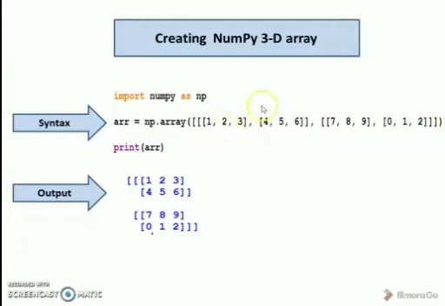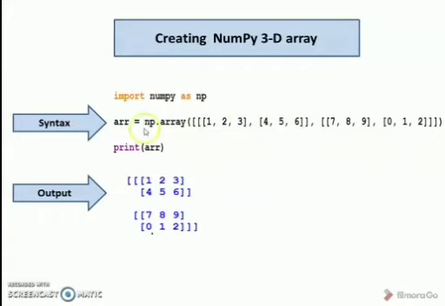First 2D array is having two rows and three columns. Next 2D array is having two rows and three columns. As you can see, 7, 8, 9, 0, 1, 2 are the elements of second 2D array and 1, 2, 3, 4, 5, 6 are the elements of first 2D array.